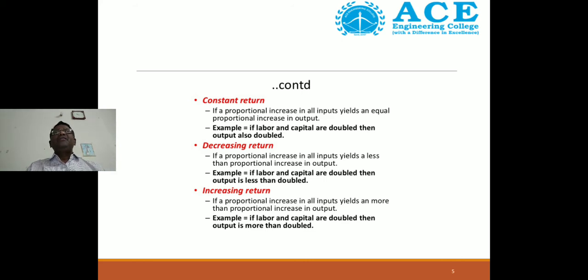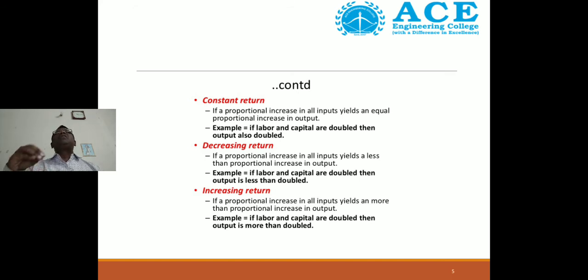Then again we go through them individually. Constant returns to scale means a proportional increase in all inputs yields an equal proportional increase in output. Example: if labor and capital are doubled, then output is also doubled.